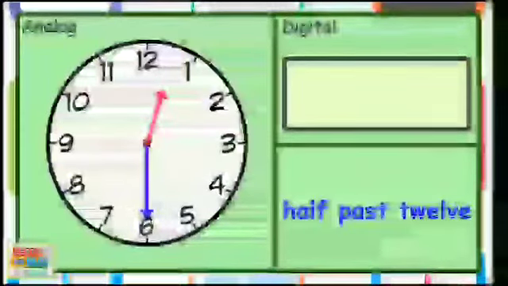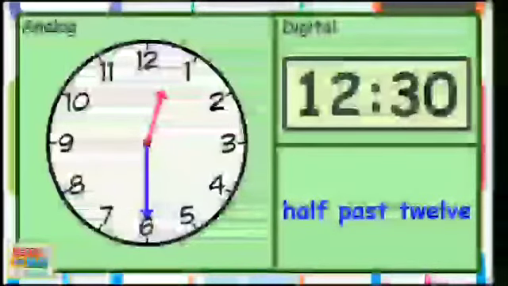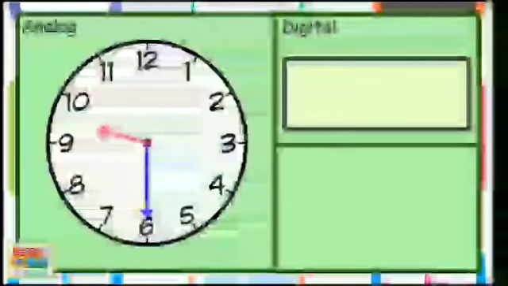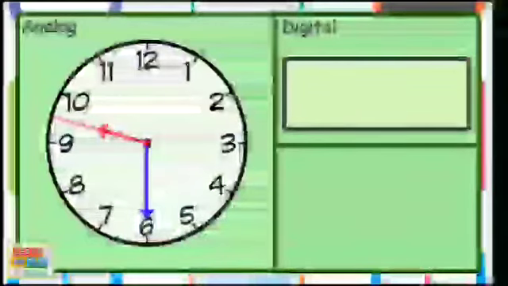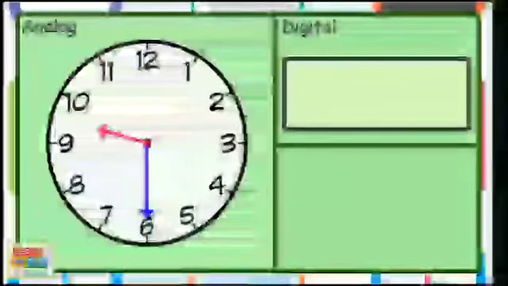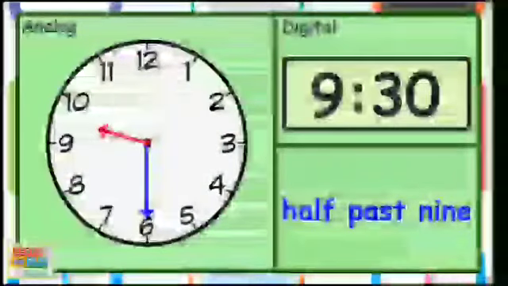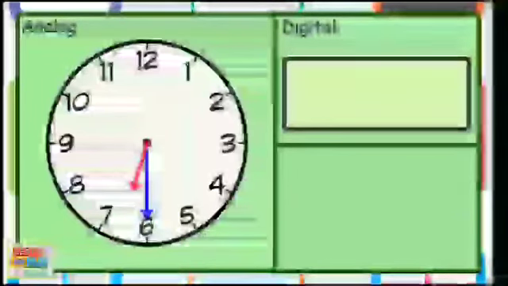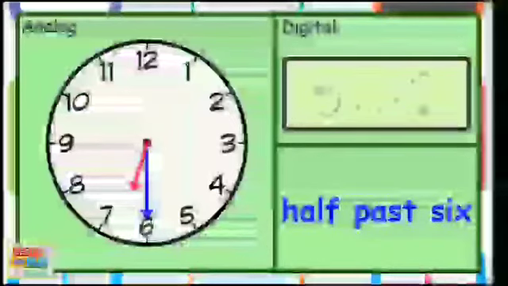Half past 12 or 12:30. Half past 9 or 9:30. Half past 6 or 6:30.